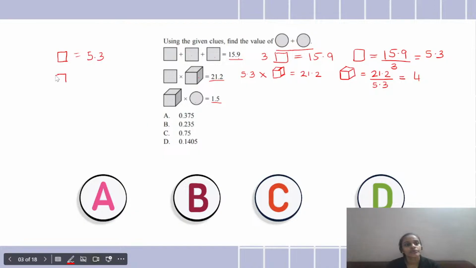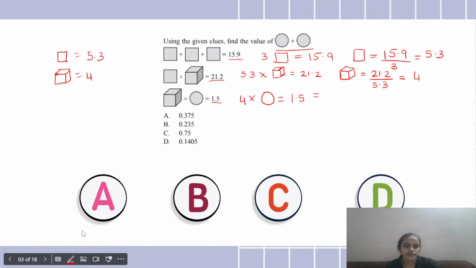The value of cube equals 4, right? So now in the third clue, what does it say? Cube multiplied by circle equals 1.5, right? Similarly, we can find the value of circle. So it is 4 multiplied by circle equals 1.5.